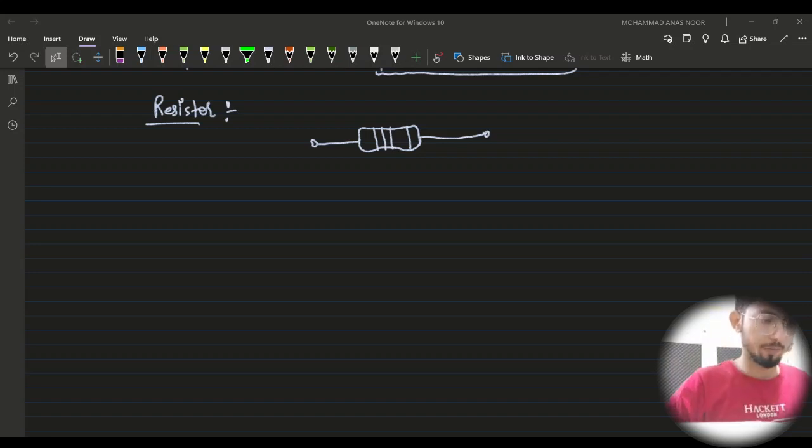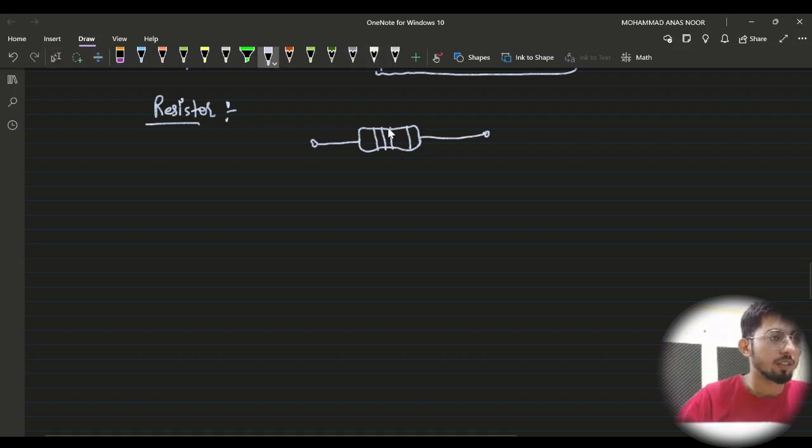So this is called a resistor, and it has some color code over it, and generally you'll see four lines: one, two, three, and four, and the fourth one will be far apart from the first three. So these codes present the value of the resistance the resistor has.